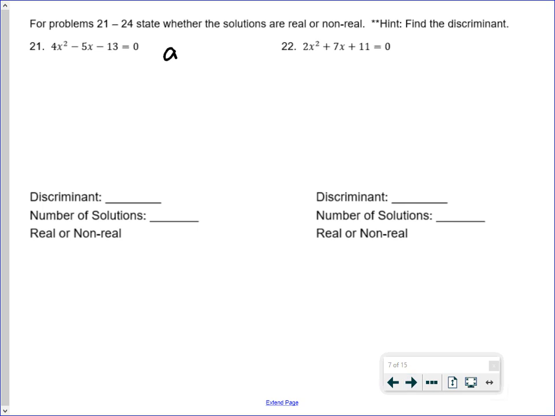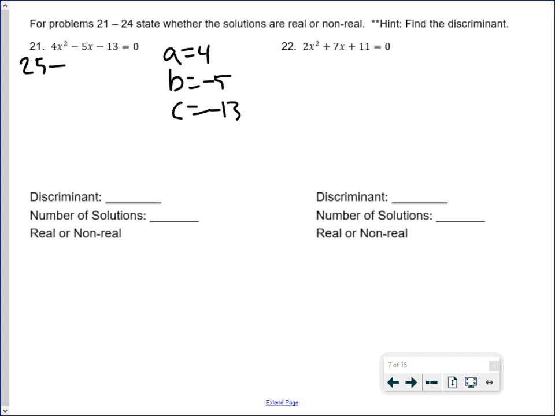All right, so A equals 4, B equals -5, and C equals -13 for number 25. So remember the discriminant is B squared minus 4AC. So we're going to go ahead and plug that in. B squared gives us 25, and we're going to subtract 4AC.